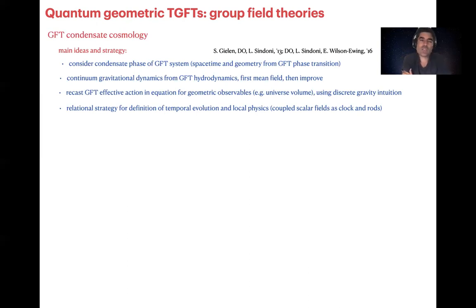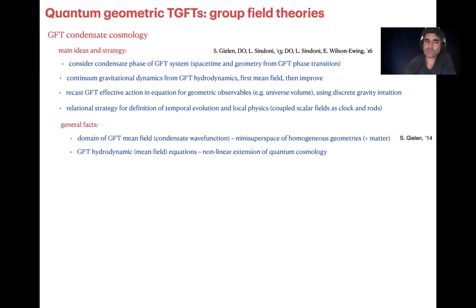Third, one needs to recast the group field theory effective action so as to extract an equation for geometric observables using the discrete gravity intuition. Last, one adopts a relational strategy for the definition of temporal evolution as well as local physics. And it's for this that the coupling with scalar fields used as clock and rods is crucial.